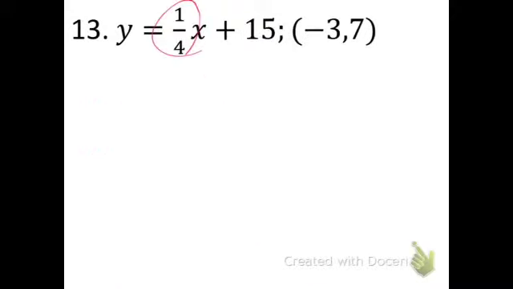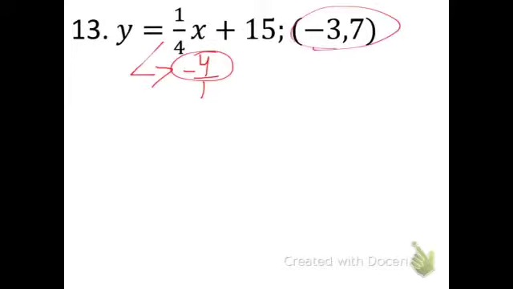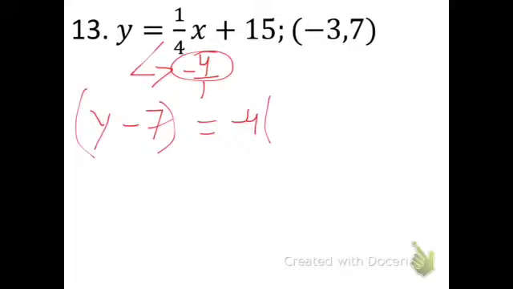13, start out at 1/4. We're going to flip it upside down, change the sign. We're looking at a slope of negative 4, and our point is negative 3, 7. So I'm going to write y minus my y1, my y coordinate, which is 7. So I got y minus 7 equals negative 4 times x minus negative 3, because that's my x coordinate.